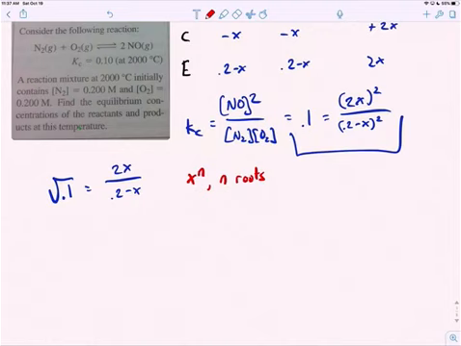Because we squared this, mathematically you've created two roots. But in practical terms, in terms of what's real, there's only one real solution.